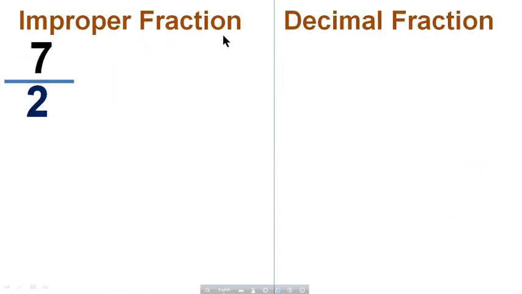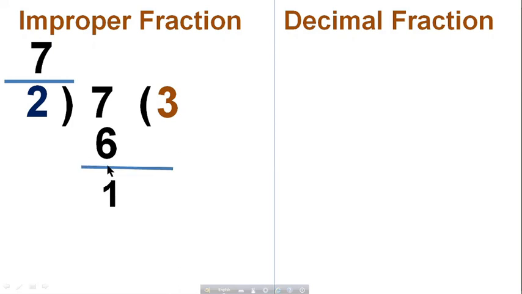Improper fraction to decimal fraction. We will convert an improper fraction into a decimal fraction by using the division method. If we divide 7 by 2, we get 3 times 2. 3 2s are 6. If we subtract, we get 1, and 1 is not possible to divide by 2.